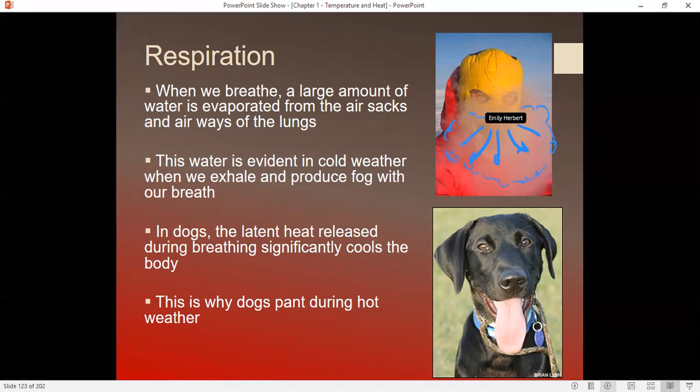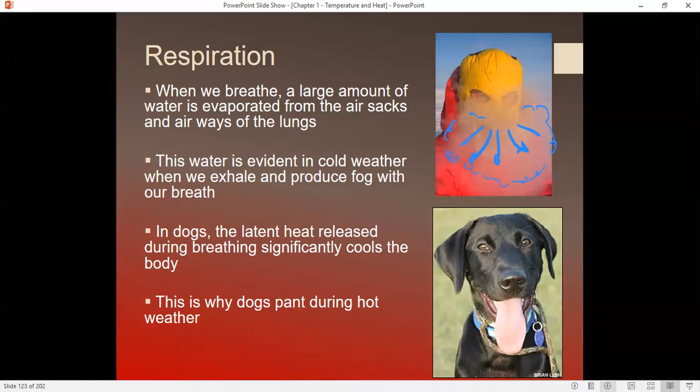Fog, of course, is an aerosol. It is water vapor droplets which are suspended in the air. And we normally don't see this water vapor unless it condenses. So right now, if it's too warm, you breathe out, you can't see that water vapor. But when it's extremely cold, you can see your breath in the form of this condensation. And this produces the fog that we see here.